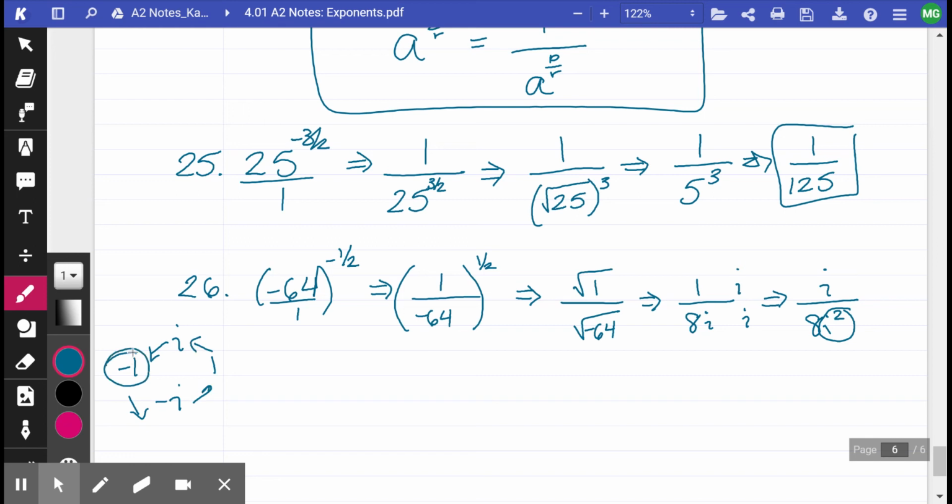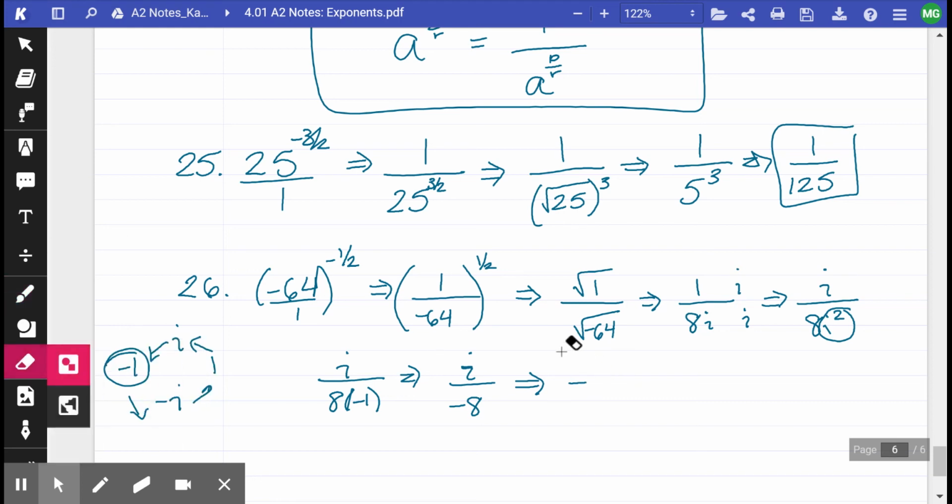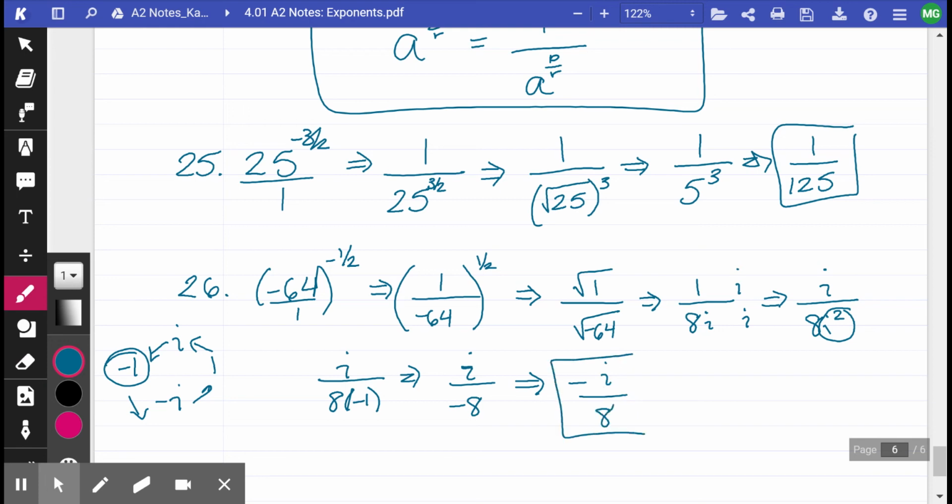So it gets rid of an i if you have it to the second power. So then this would be i over 8 times negative 1. So that would be i over negative 8. Or we usually write the negative on the top, so it'd be negative i over 8.